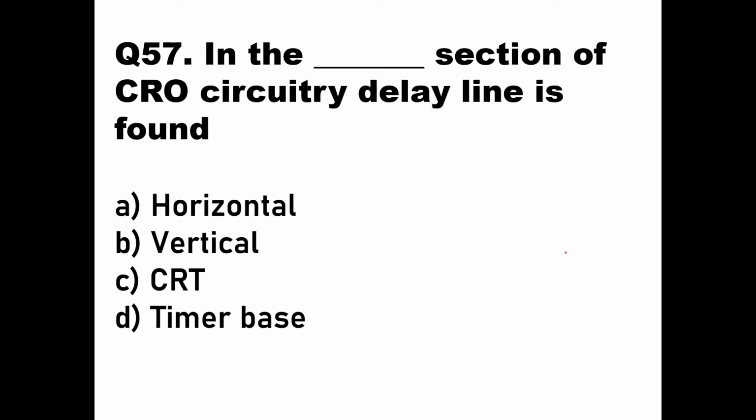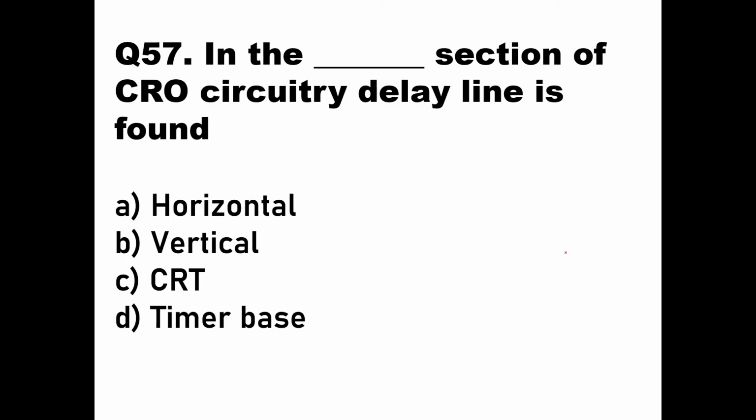Question number 57. In the dash section of CRO circuitry, delay line is found in which section? We know that when a vertical input is given, the vertical input should be delayed before going to the CRT, because the horizontal section should get ready in that time.